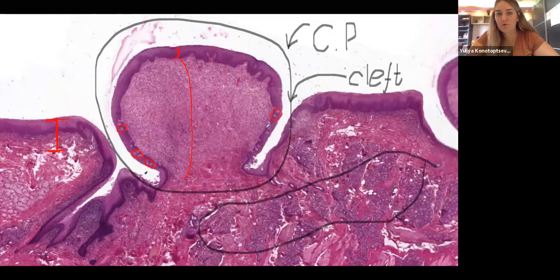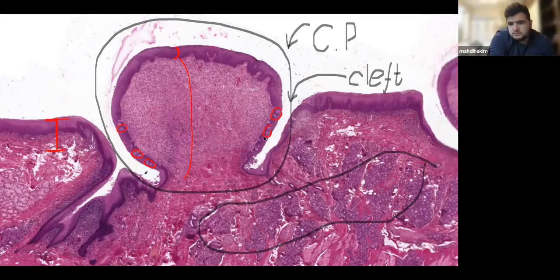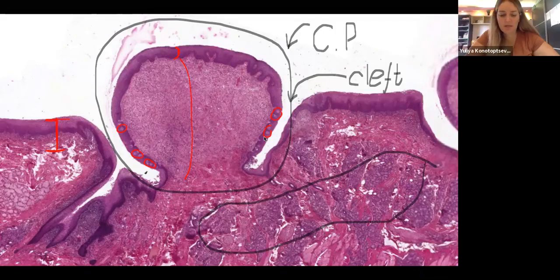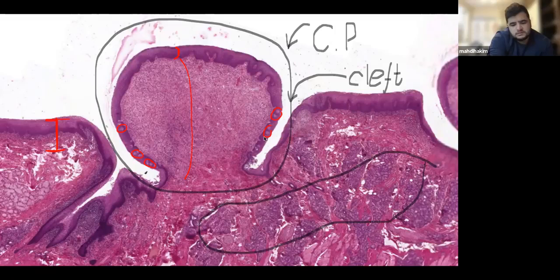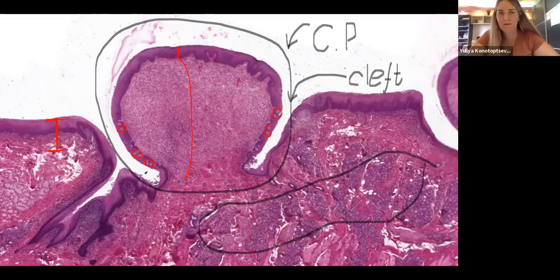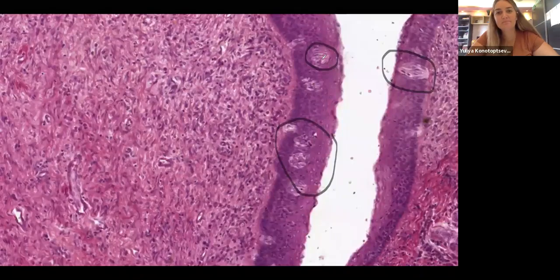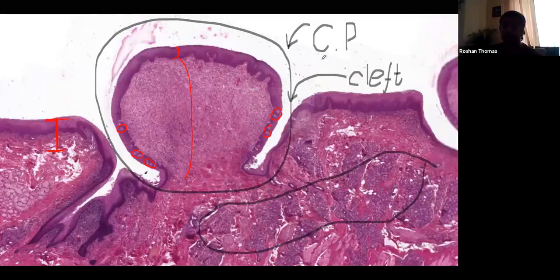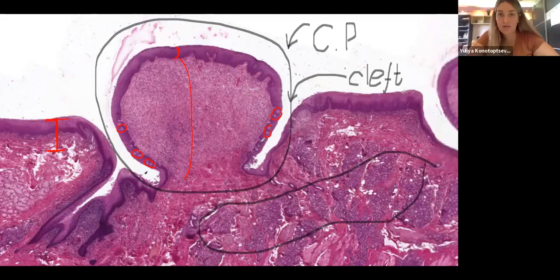In the epithelium, what do you guys think? Goblet cells? No. Goblet cells are only in your gastrointestinal tract, like in your small intestine, large intestine, etc. They are onion shaped. Taste buds. Yes, these little tiny pale looking structures in the epithelium are the taste buds.